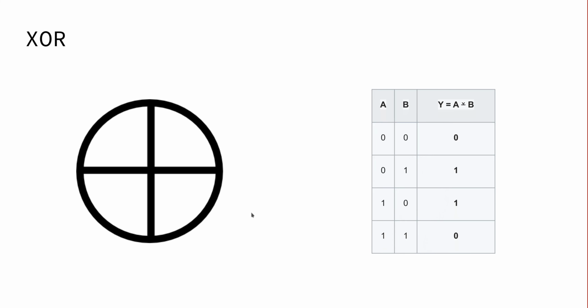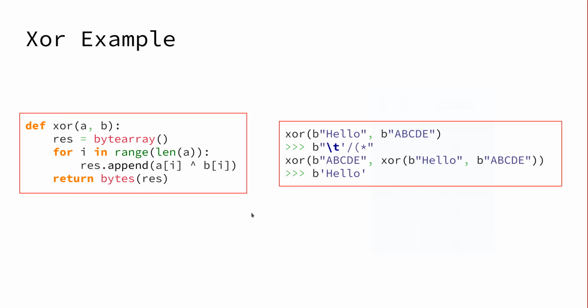So why does that matter? Well, let's make an experiment. I've implemented XOR on arbitrary byte strings in Python here. It's the XOR implementation. And then I use it here. So I XORed the byte string hello with ABCDE.